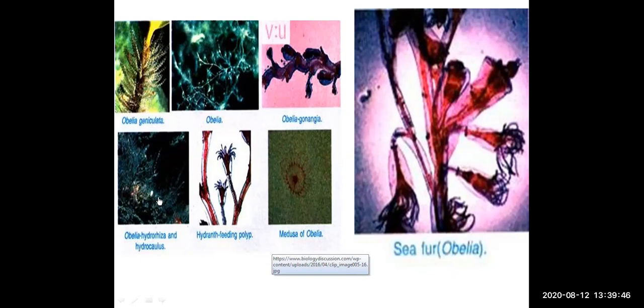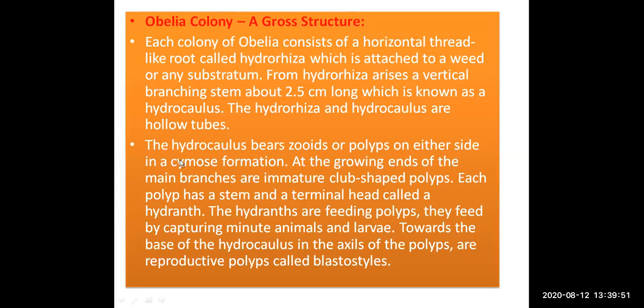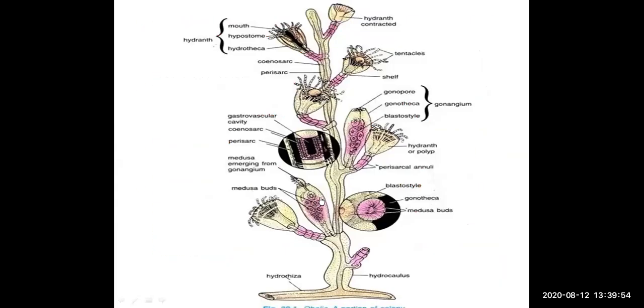Obelia hydrocaulus, many hydrocaulus. Medusa buds, the gonotheca, gonangium. The gonophore emerges from the gonangium as the medusa. Blastostyle, gonotheca, medusa buds. It is a polyp, gonophore.